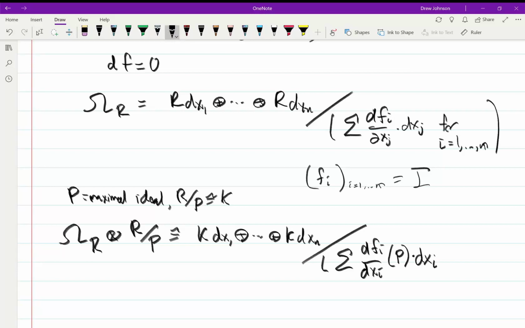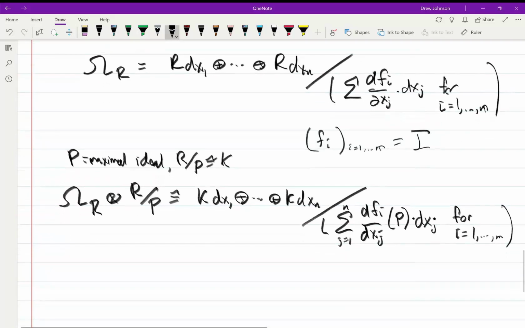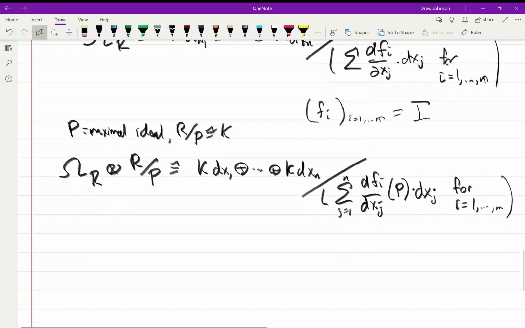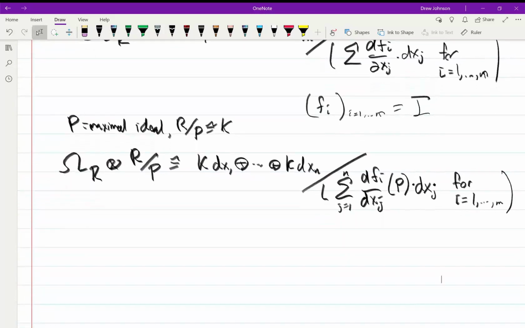So that probably should be a J, and that should be a J, and then I'll make this a J. All right, I think that's right. Okay, again for I equals 1 to m, and this is J equals 1 to n. And this is going to be interesting to us because we're interested in the tangent space.